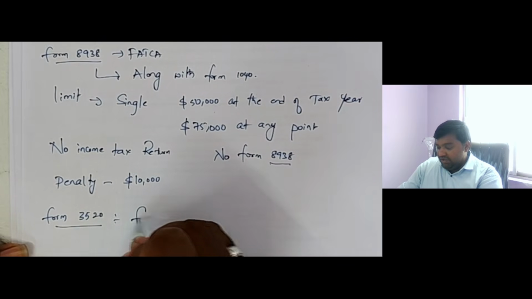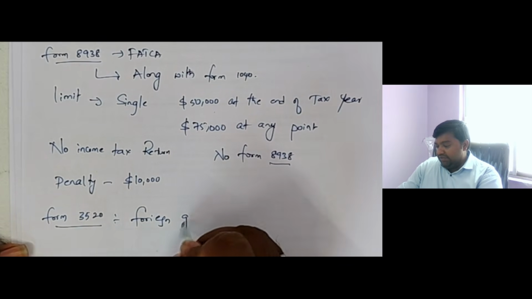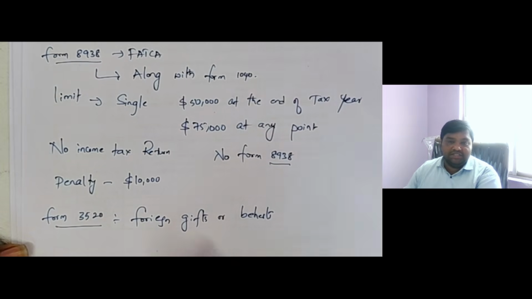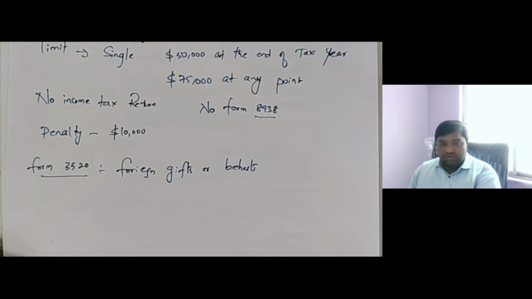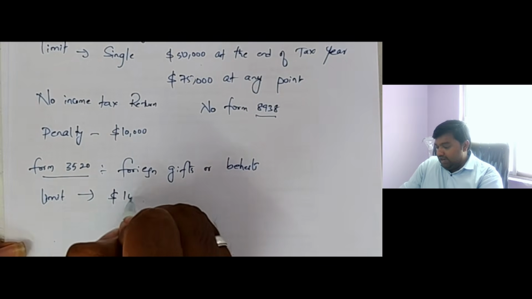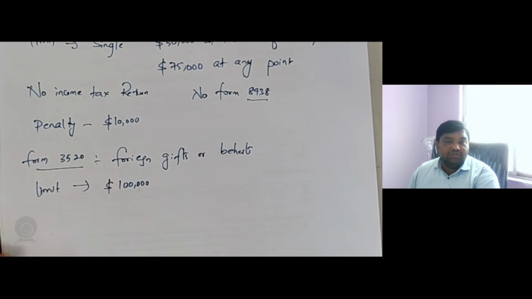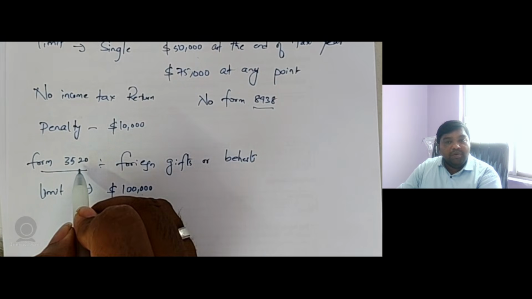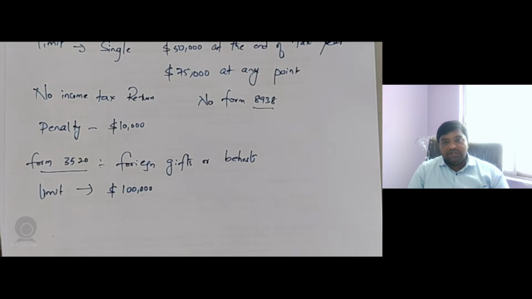This is for your foreign gifts or bequests. A bequest is also a gift. If you have received any foreign gift from any foreign estate of more than $100,000, then you have to report in form 3520. How will you receive the gift?